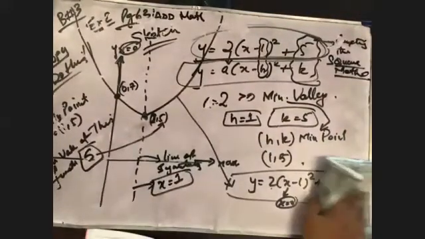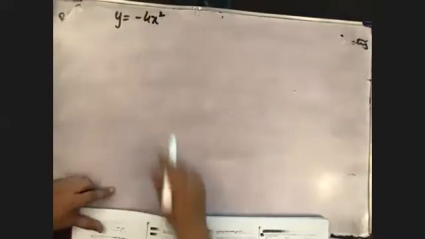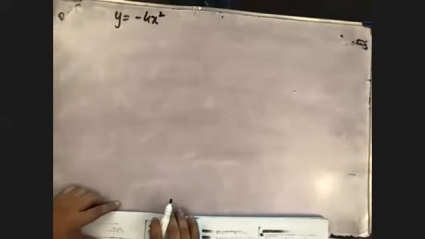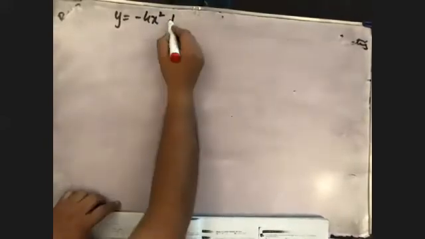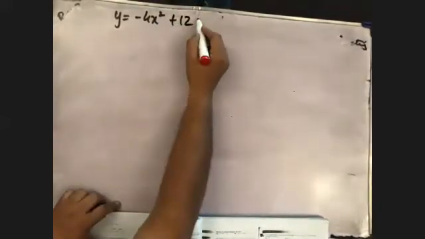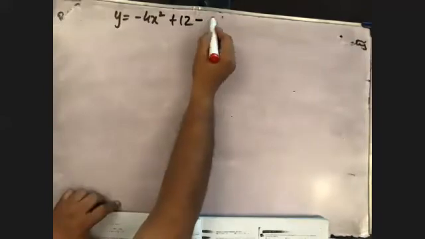I'm doing another question now. Y is equal to minus 4x squared plus 12x minus 9.